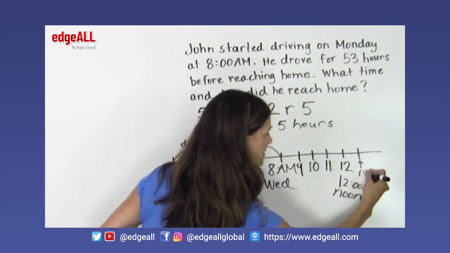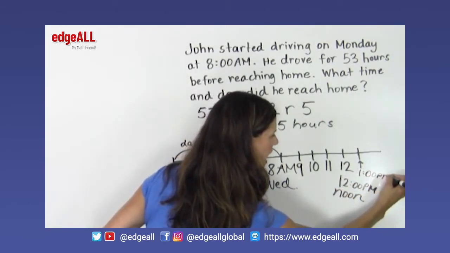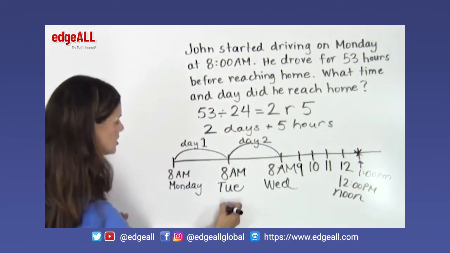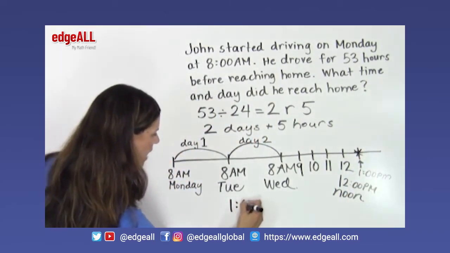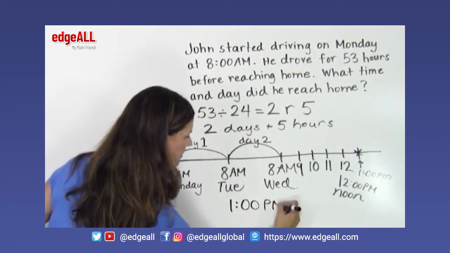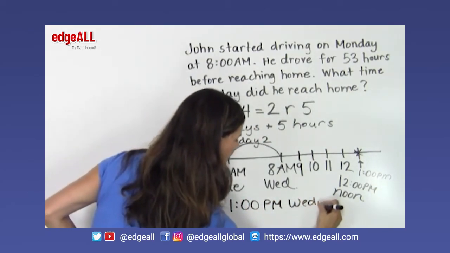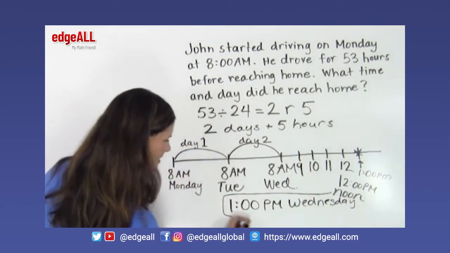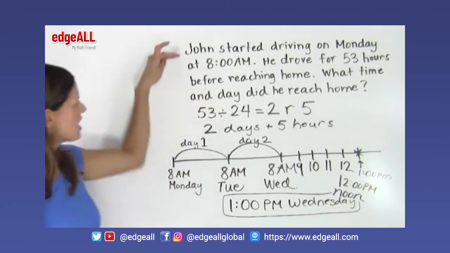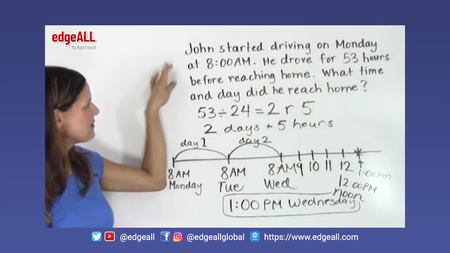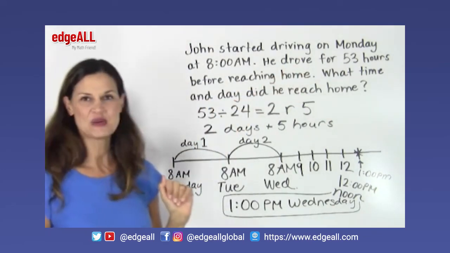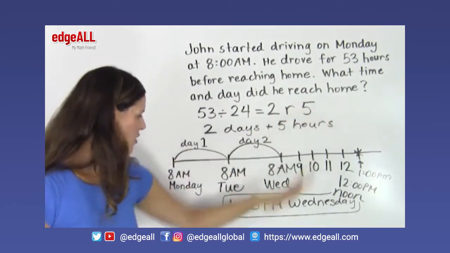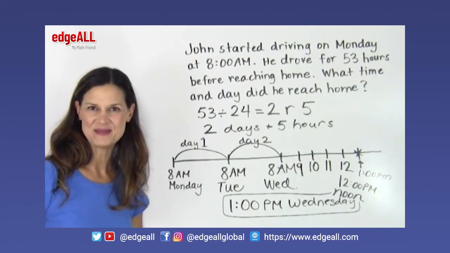So this time here is 1 o'clock p.m. So we can see that John made it home at 1 o'clock p.m. on Wednesday. So he started on Monday at 8 a.m., drove for 53 hours, which we figured out was 2 days and 5 hours, and he reached home at 1 o'clock p.m. on Wednesday.